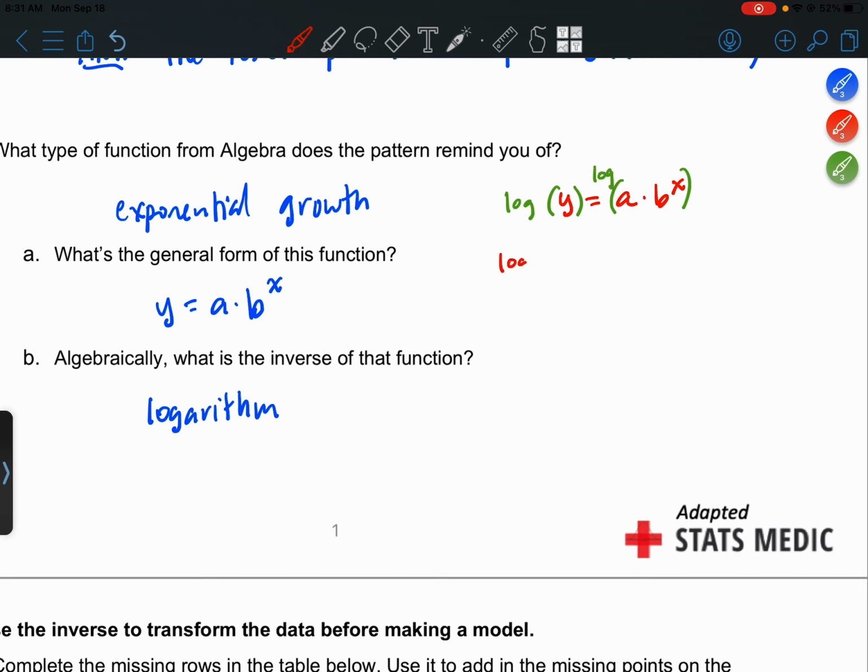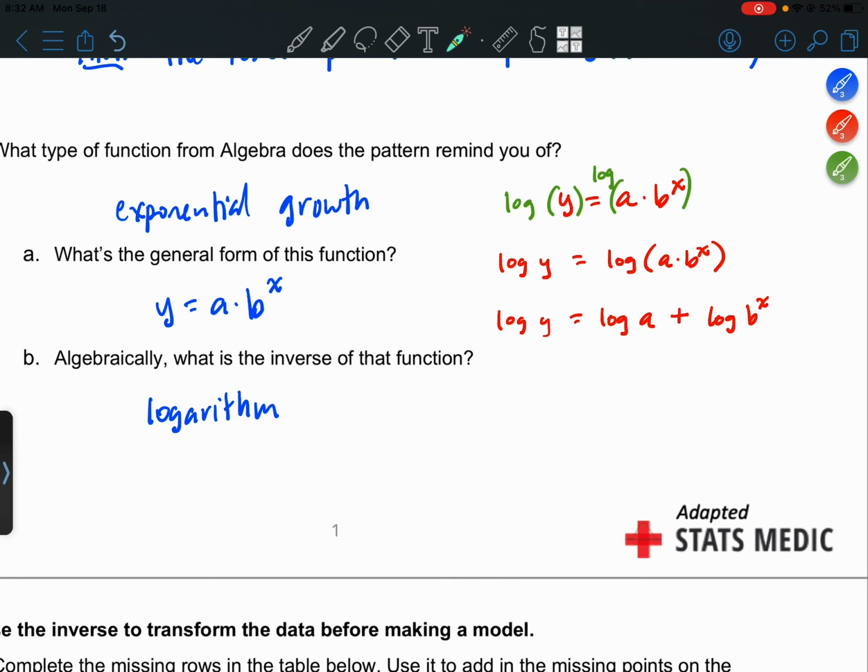So that'll be log y equals log of a times b^x. And now we're going to use properties of logarithms. The logarithm of a product is just the sum of the individual logs. And so this will become log y equals log a plus log b^x.